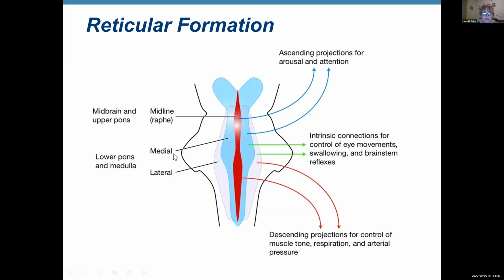Okay, so if you look over here, right, what is here? Okay, so that's midbrain, right? So I think that's midbrain and upper pons, low pons and medulla, right? So that's a brain stem here.